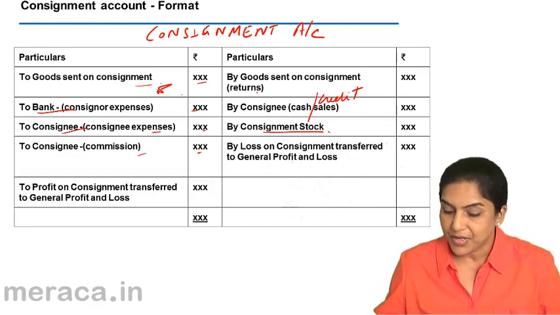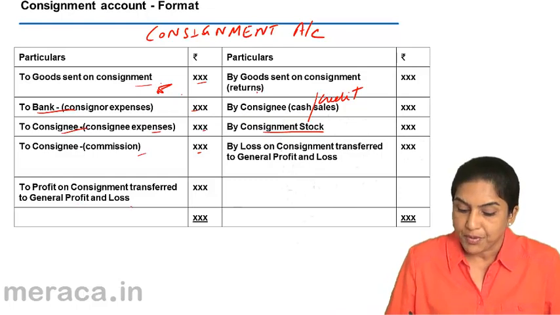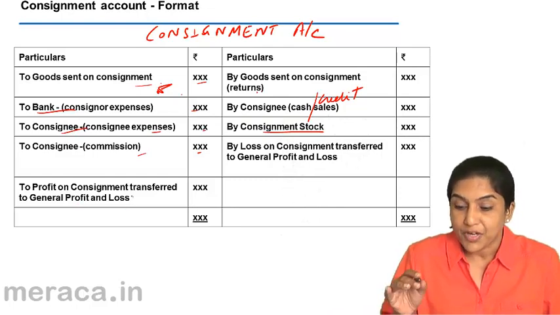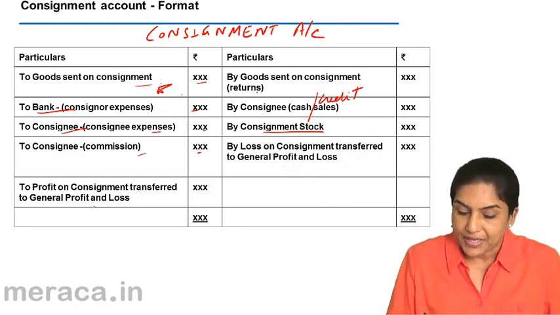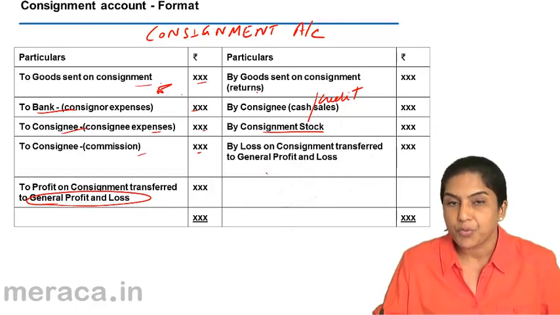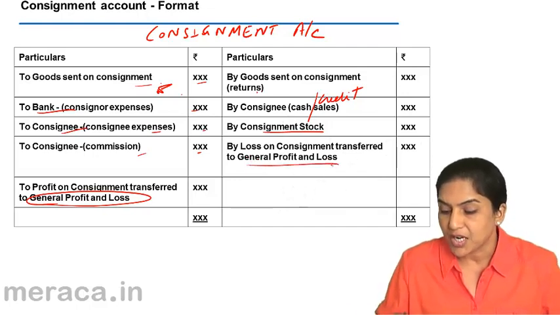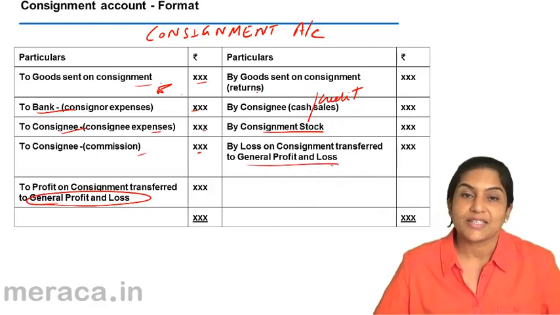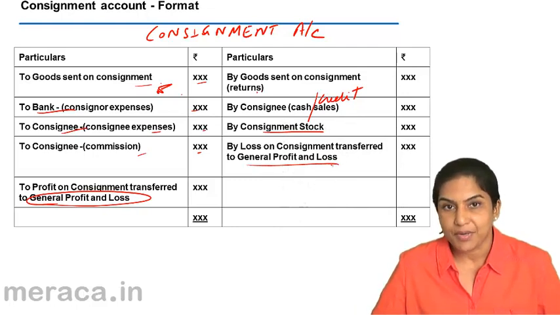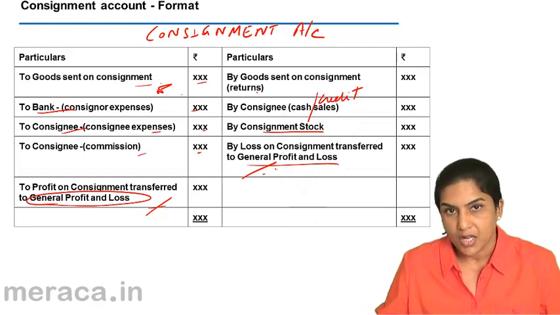The balancing figure, if it is a profit, then since the credit side would be more, we close the consignment account, debit consignment account, and transfer the profit to general profit and loss. On the other hand, if the debit side is more, then we would have a loss and we would say general profit and loss account debit to consignment account. Loss on consignment transfer. Of course, we'll have either this or this, either the profit or the loss.